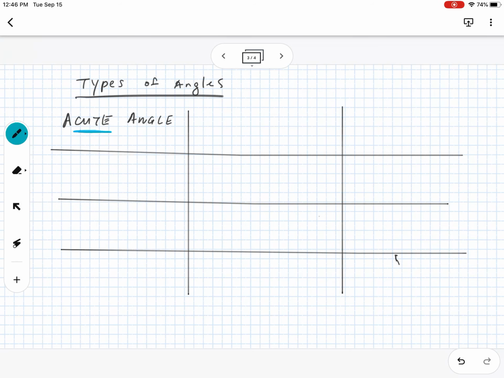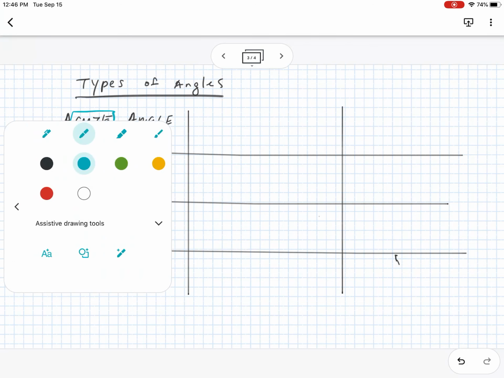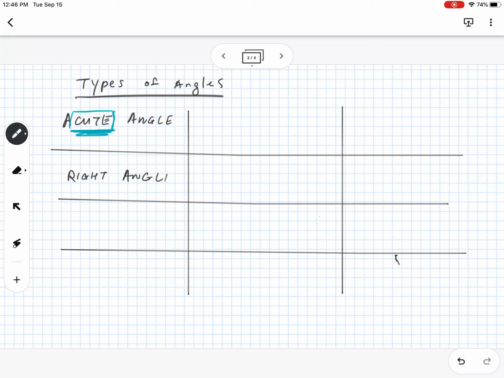I would like for you to underline that word, cute. And then our second type of angle is called a right angle. Our third type of angle is called an obtuse angle. And then our fourth type of angle is called a straight angle.